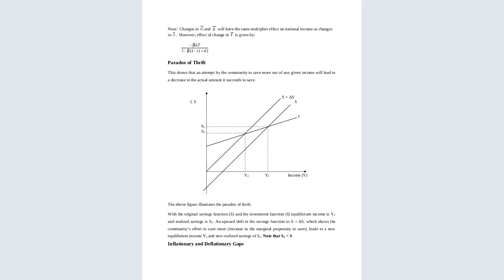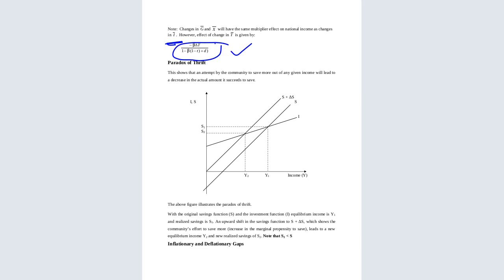The change in government expenditure and the change in the exports will have the same multiplier effect on the national income as the changes in investment. But the tax multiplier will be given by this equation because of the extended model, including the foreign sector.